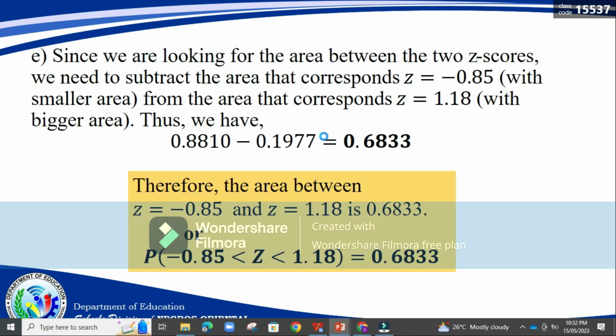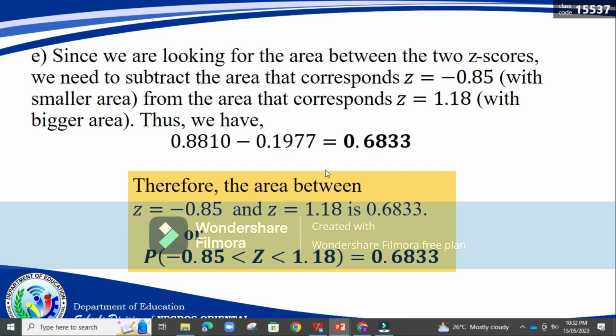Now what are we going to do? Since we are looking for the area between the two Z-scores, we need to subtract the area that corresponds to Z is equal to negative 0.85 with smaller area from the area that corresponds to Z is equal to 1.18 with bigger area. Thus we have 0.8810 minus 0.1977 is equal to 0.6833.